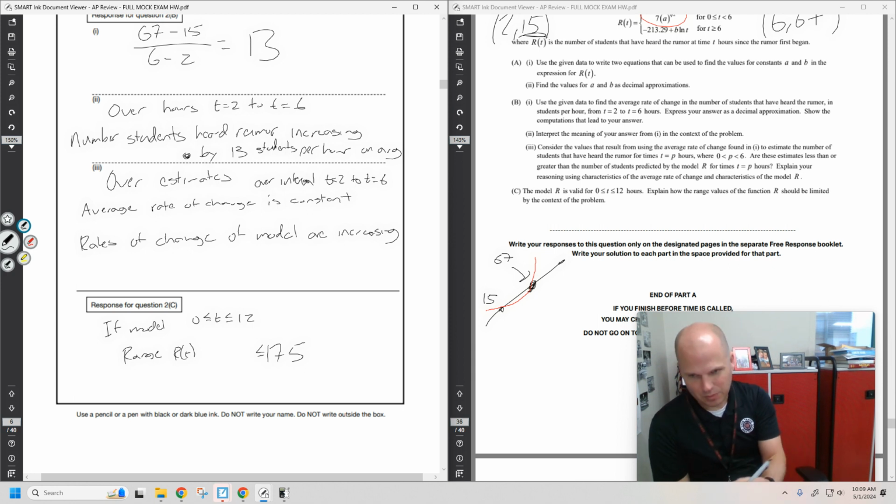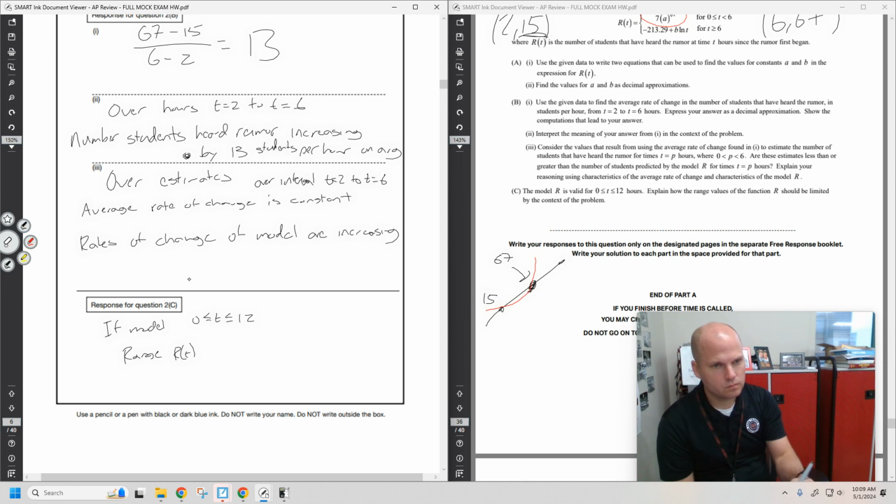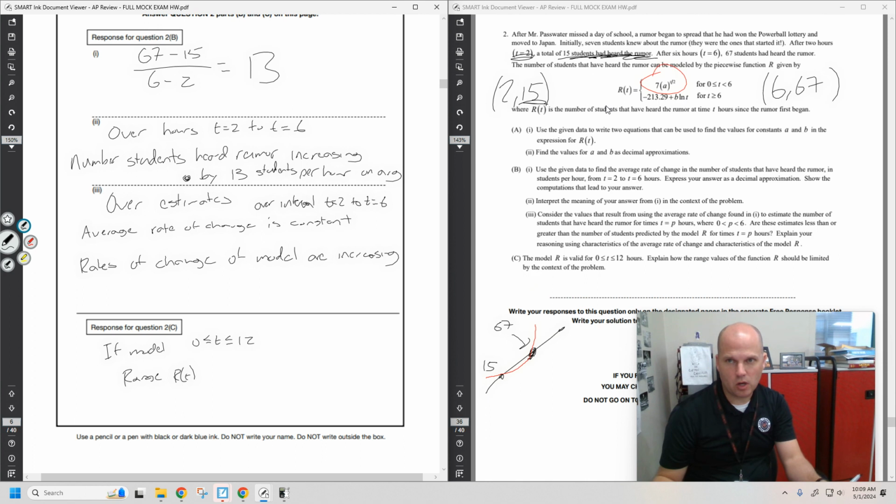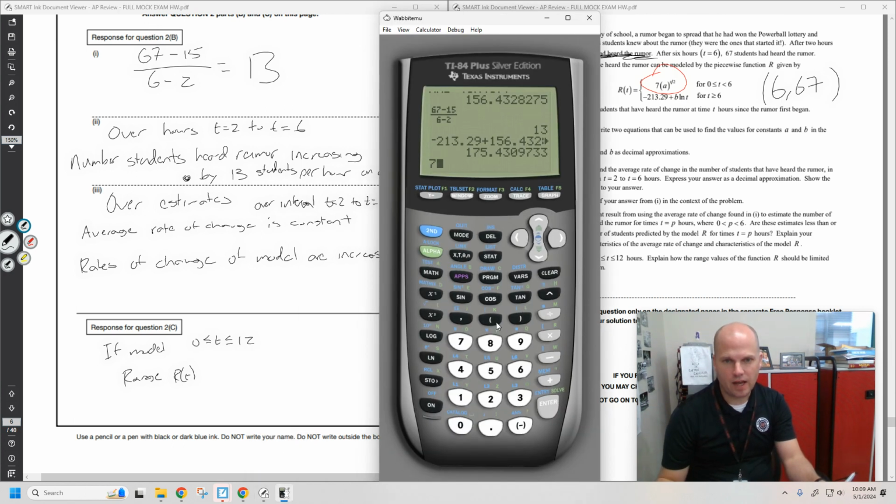I don't know if you want to put R of t. And then if I put 0, I get 7. So it's like I'm also starting at 0. If I plug in 0, I have 7 times a to the 0, which is 7.